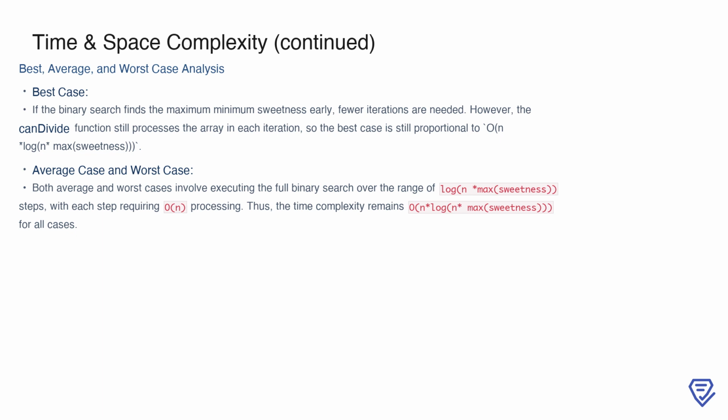For the average and worst cases, the binary search completes its full range of iterations, which involves O(log(n * max sweetness)) steps, and each step requires O(n) processing. Thus, the time complexity remains O(n * log(n * max sweetness)), regardless of the scenario.